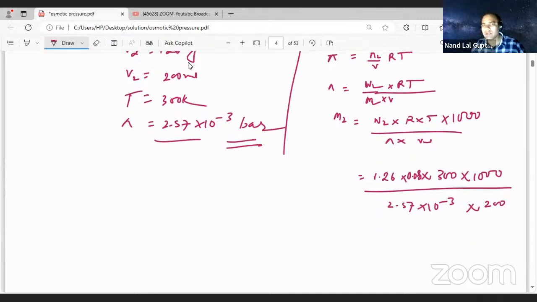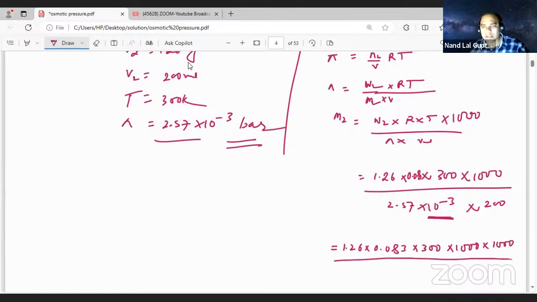Now, if you are calculating this one, what will happen? These three will go in the numerator. So here 1.26 into 0.083 into 300 multiplied by 1000, and this will go in the numerator, so it becomes 1000 again, divided by 2.57 multiplied by 200.